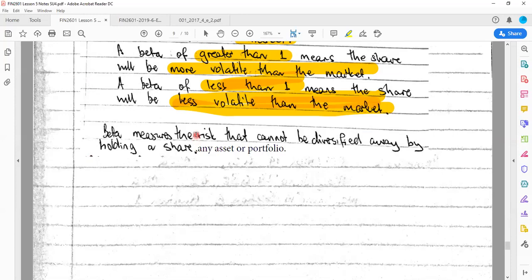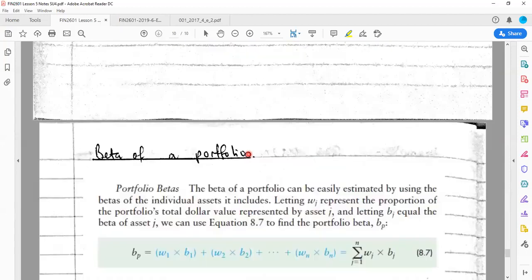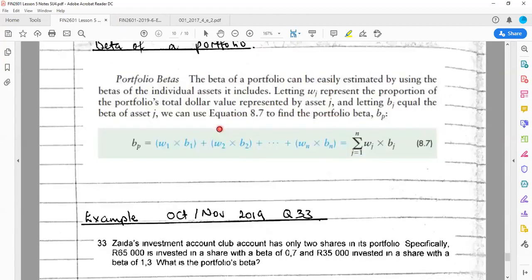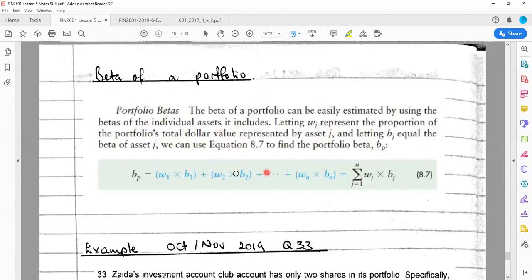Beta measures the systematic risk. It measures the risk that cannot be diversified away by holding a share, any asset or portfolio. We can calculate the beta not only of a share but also of a portfolio. So let me illustrate how you would calculate the beta of a portfolio.